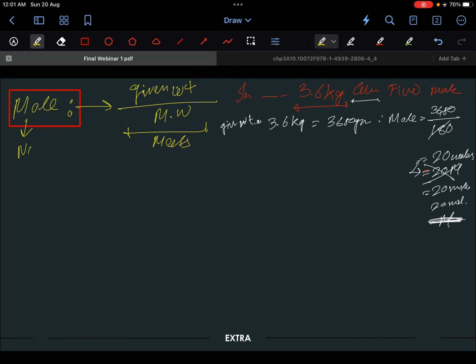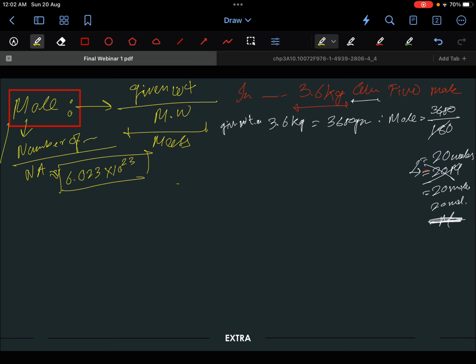The formula is the number of the given entity divided by the Avogadro number. I say entity again because the mole concept applies not only to atoms but to molecules, ions and everything. What is the Avogadro number? It is 6.023 into 10 to the power 23. We have been studying this since our childhood chemistry. So for finding mole, you divide the number of molecules given by the Avogadro number.